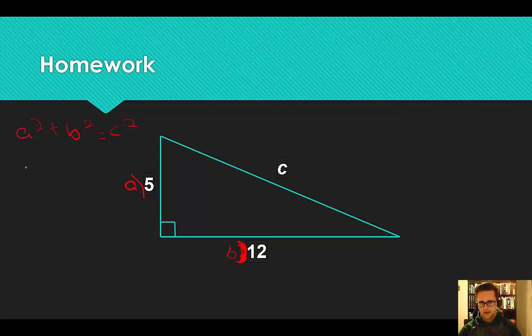So you're going to multiply A times A, B times B, and then you're going to add A squared plus B squared, give you C squared, and then you're just going to square root the solution. Okay, and that concludes our homework.